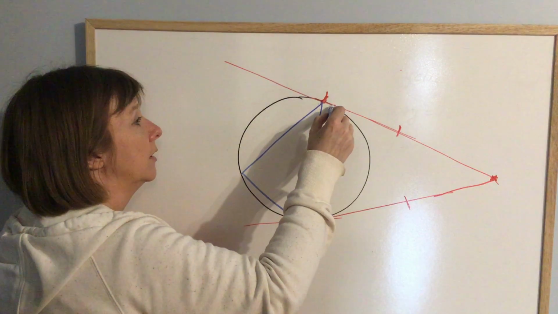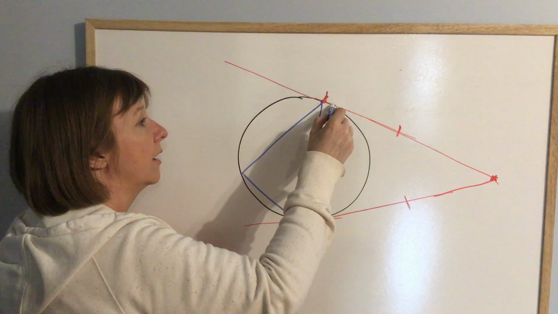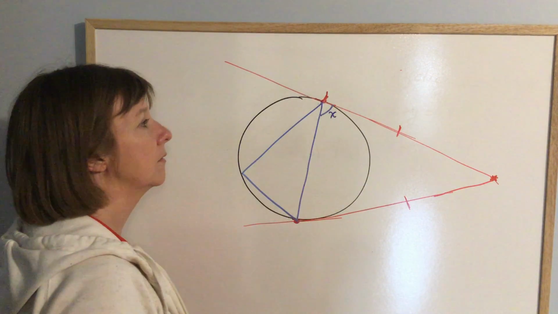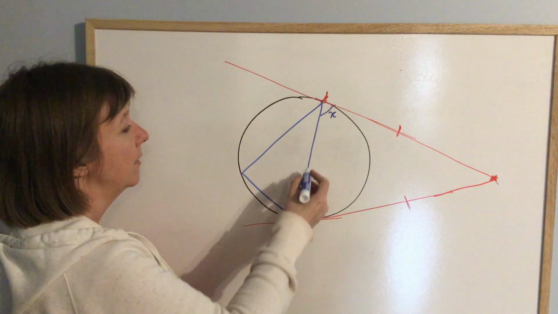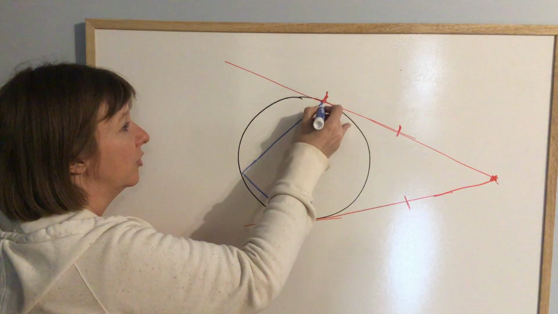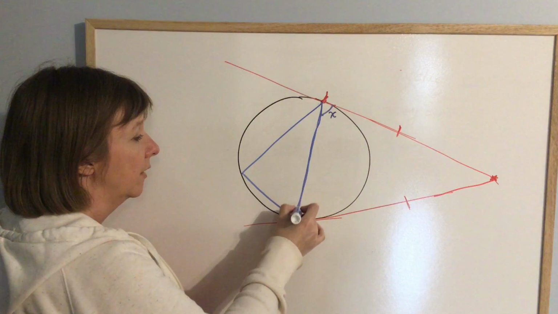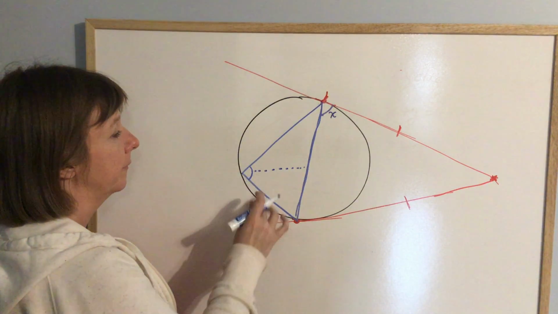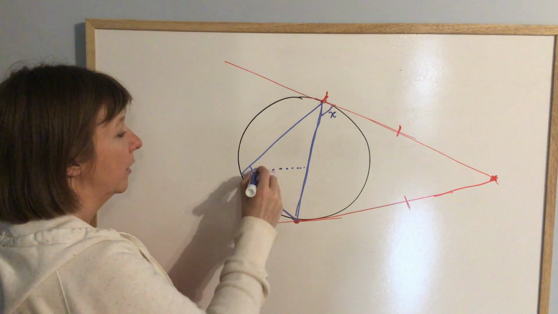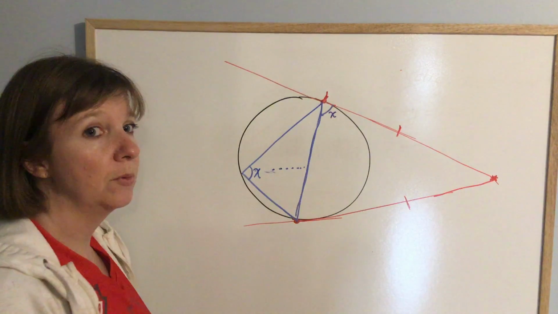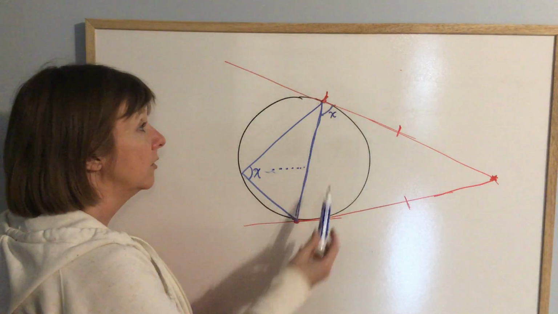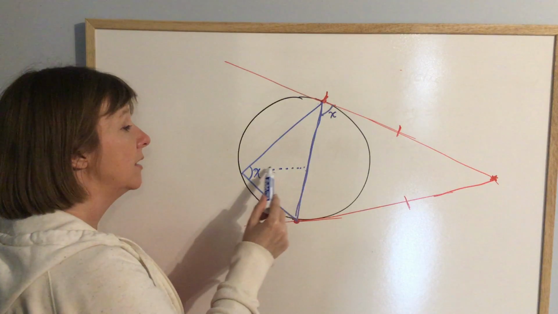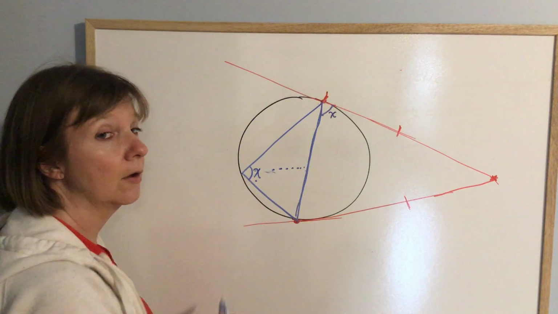The angle between this tangent line and this chord, we'll call it X, is the same as, okay, so it's touching this chord, right? The angle opposite that chord is this angle. So this one and this one have to be the same. The angle between a tangent line and a chord is the same as the angle that is opposite that chord.